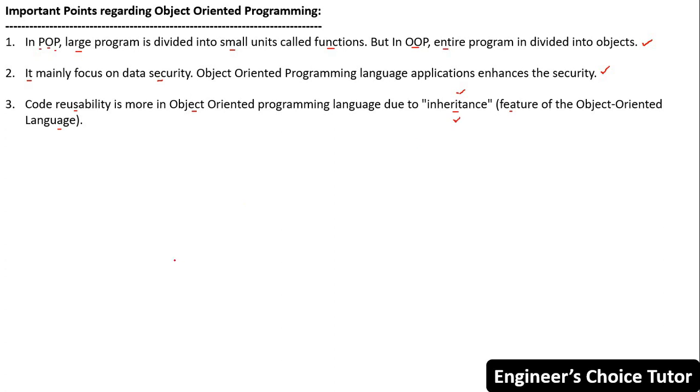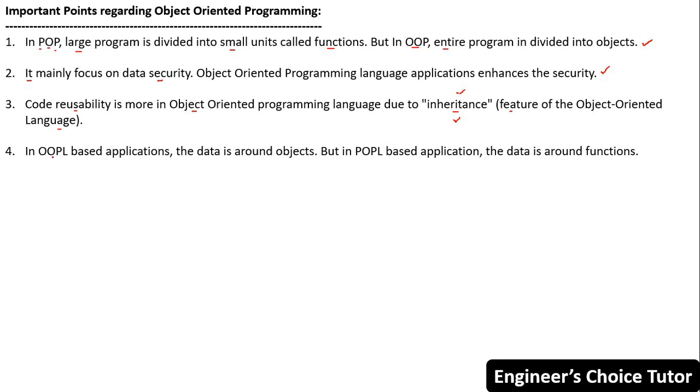Remember this point. Now the fourth point is in OOPL based applications. OOPL means object oriented programming language. The data is around objects. But in POPL based applications, the data is around functions. Okay. The next point.